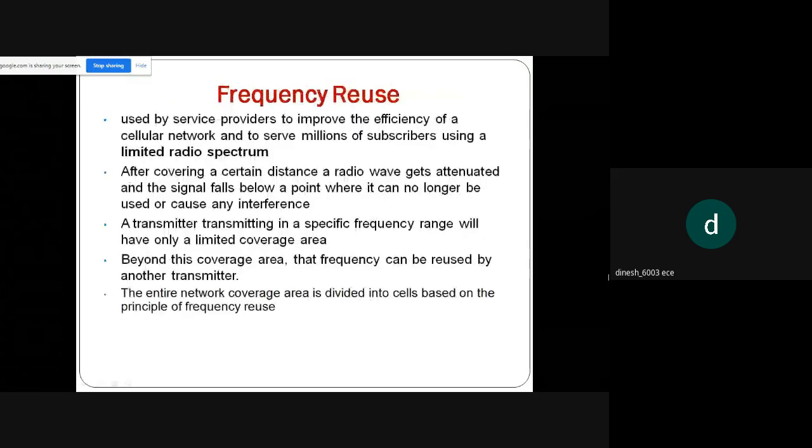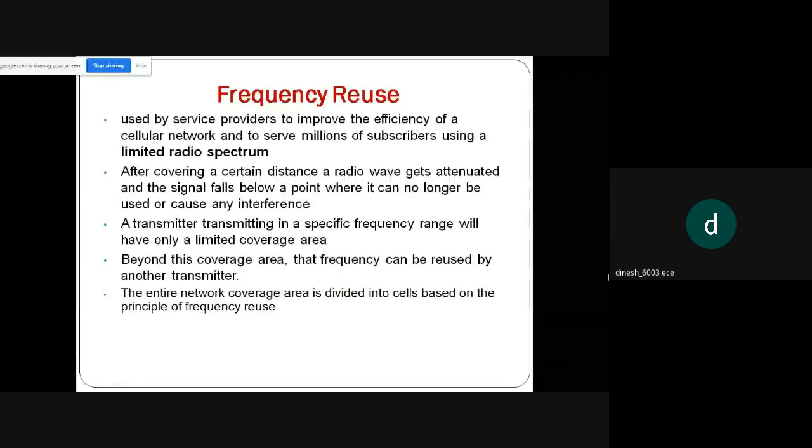Next is the frequency reuse concept. This is used by most cellular networks to improve efficiency with the limited radio spectrum. The frequency is reused after covering a certain distance.